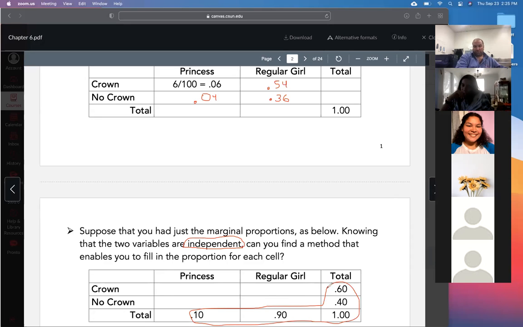Using these numbers to get these numbers. Anyone see a process? Does anyone not see a process?